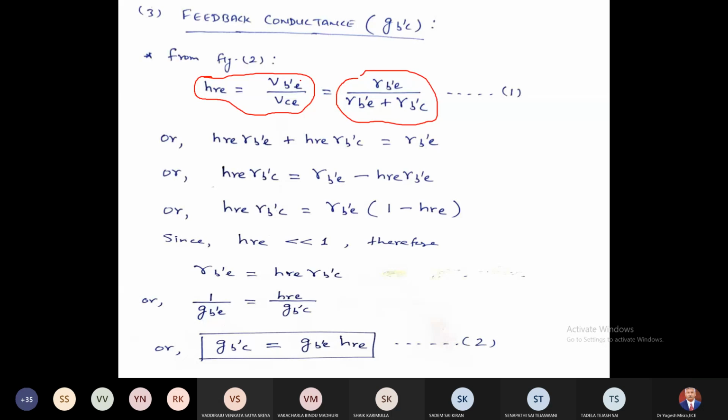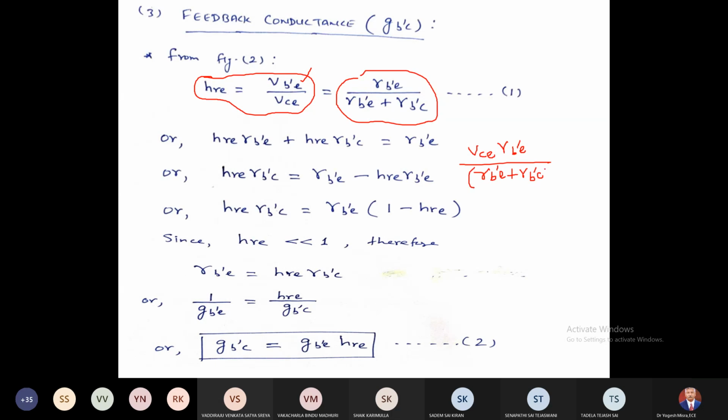So what I will do, in place of VB'E, I will write that expression which just now I have calculated, and that was VCE times RB'E divided by RB'E plus RB'C.